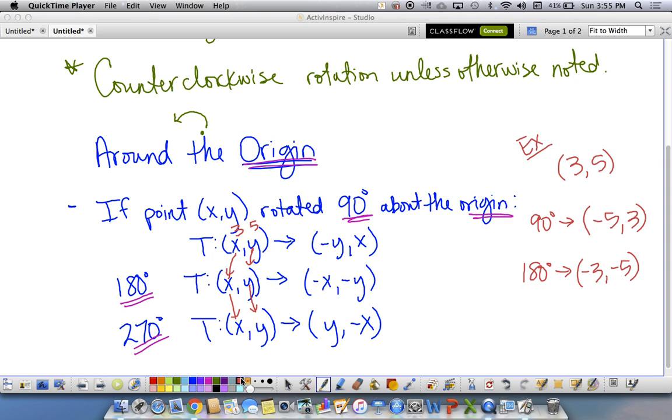If we were rotating 270 degrees about the origin, it would simply be (5, negative 3). And that would be your new point.